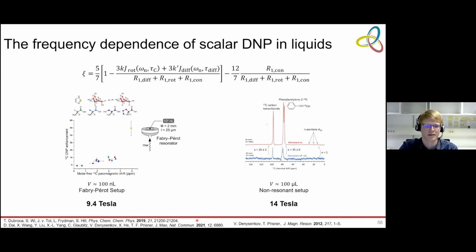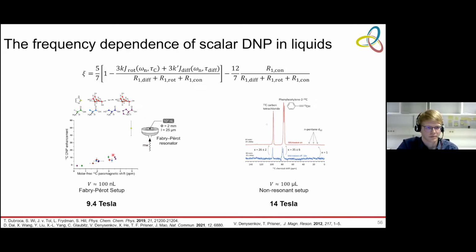I think the paper is out for 2 weeks, where they now use a new resonator, a Fabry-Perot resonator, where they put the sample on as a thin film, and in that setup they were able to measure signal enhancements in water with not too much heating. I'm not completely sure, but I think the heating is not so much of an issue in that resonance setup, because they can separate H and E field.